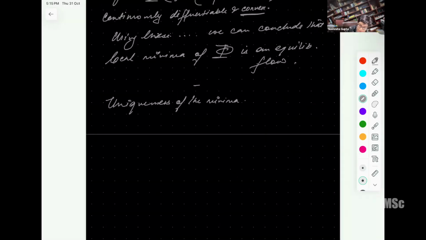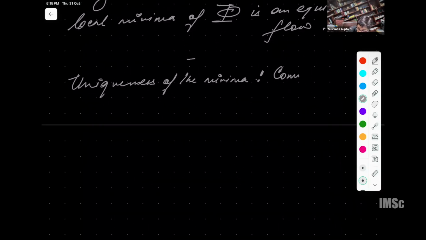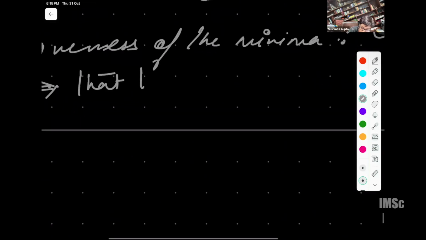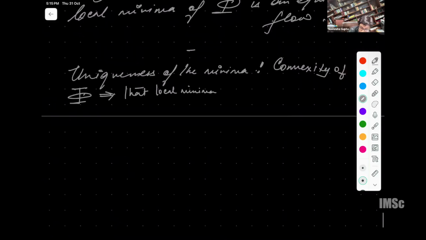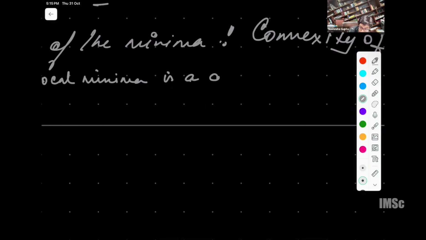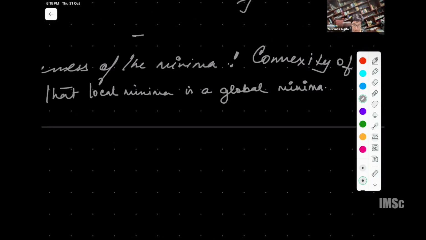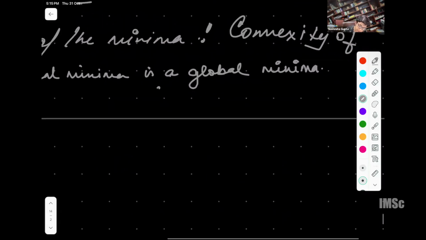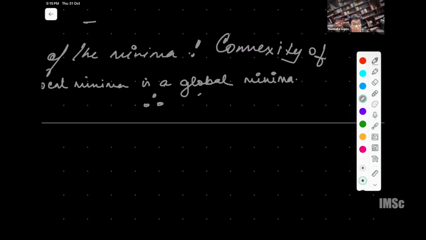Okay, so convexity of phi implies that the local minima is the global minima. And therefore, this equilibrium, so you don't have different equilibrium values, basically, is the point.